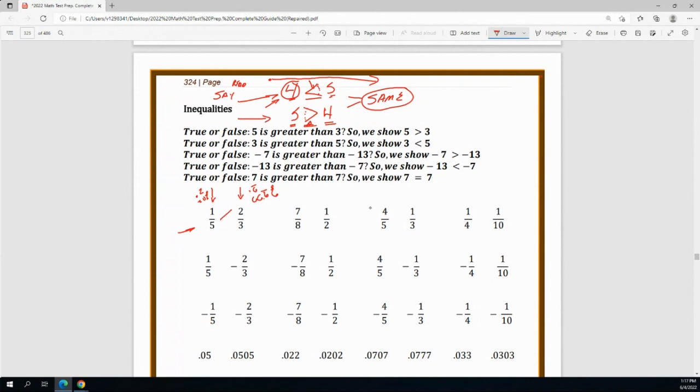Okay, here we go. Is that right? Yeah, it's the right symbol. Now, you want to try to say it? Let's try. 1/5 is less than 2/3. Good job.